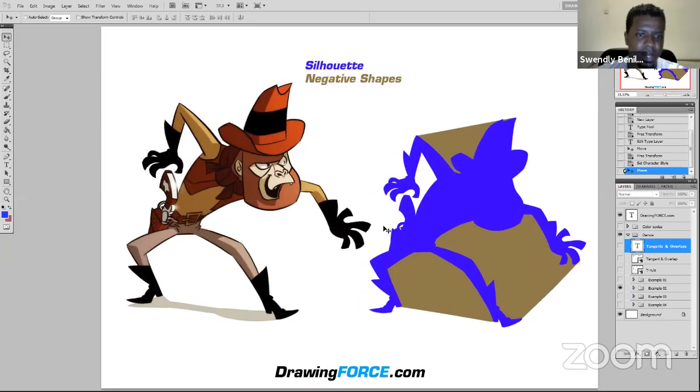So use overlap to create visual clarity, so you don't end up with objects that touch each other in a way that confuses us as to what is in front and what is behind. Again, either that or just pull them far enough apart so that you have these clear negative shapes in between, which also helps the object read clearly.